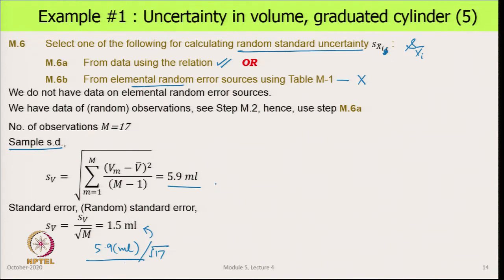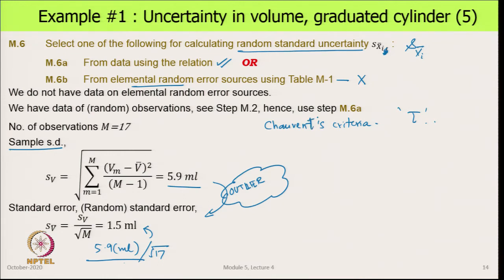But in coming from this step to this step, we did something more. We did outlier treatment. So, there are two techniques. One is Chauvenet's criterion, and the other is the tau test.